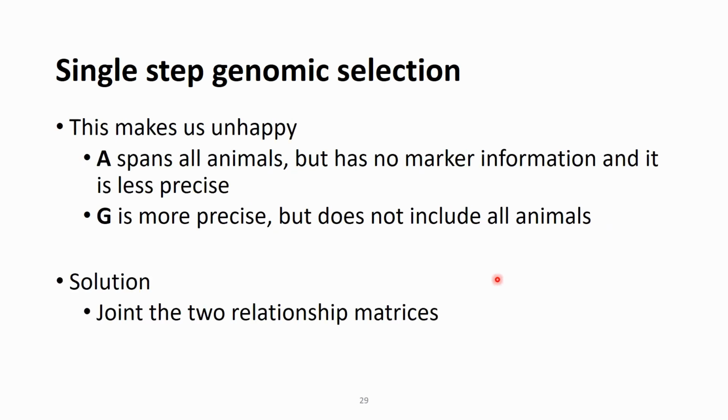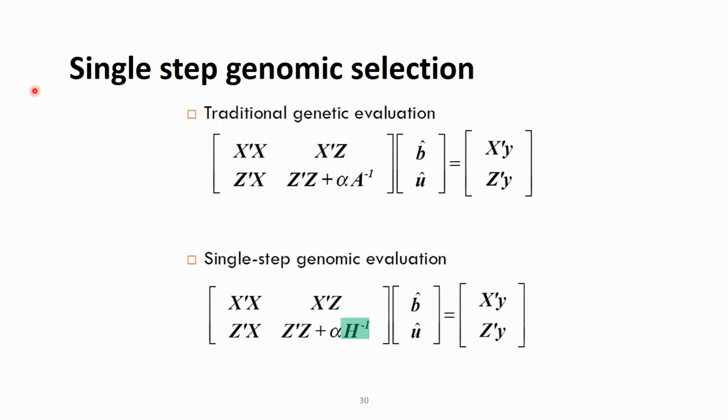This makes us a little bit unhappy because A spans across all animals and G is more precise. So there is a solution that we can actually use both of these sources of information together and join these two relationship matrices, which is actually the single-step genomic selection. So there is a lot of matrix algebra also included here.